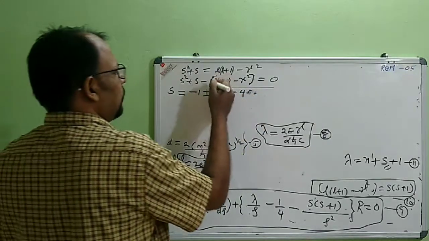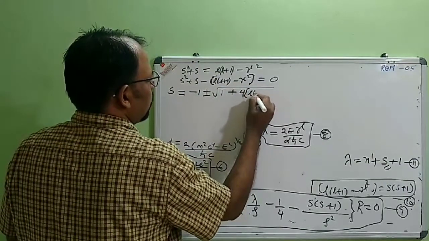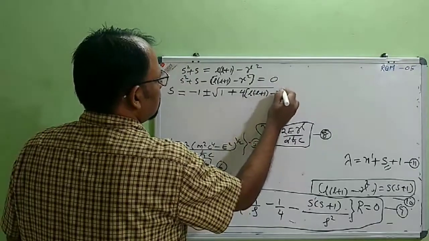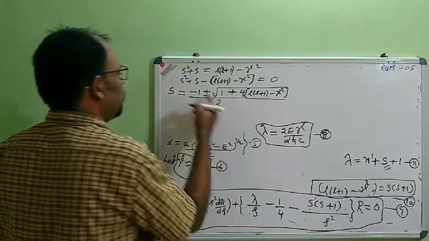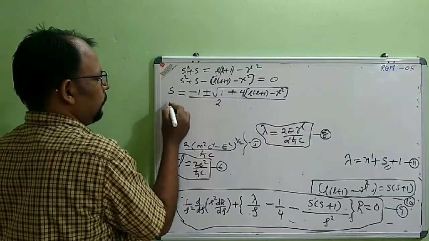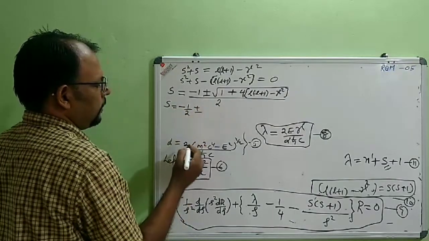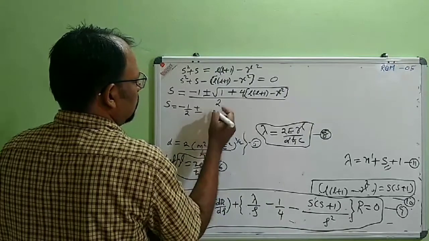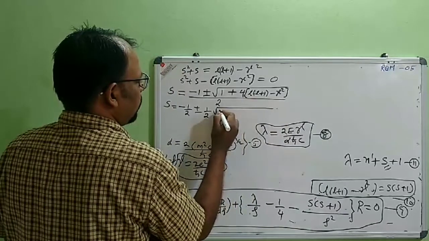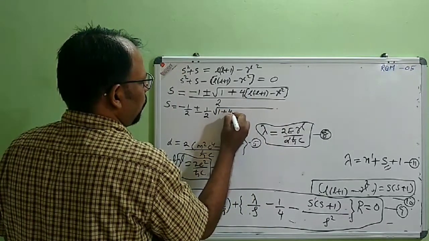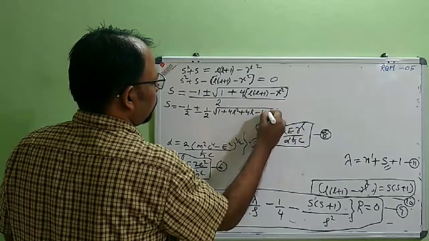C is minus of L into L plus 1 minus gamma square, so this term will be plus L into L plus 1 minus gamma square, divided by 2a, 2 into a is 1. So we can write s is equal to minus 1 by 2 plus or minus 1 by 2 root of, expanding this, 1 plus 4L square plus 4L minus 4 gamma square.